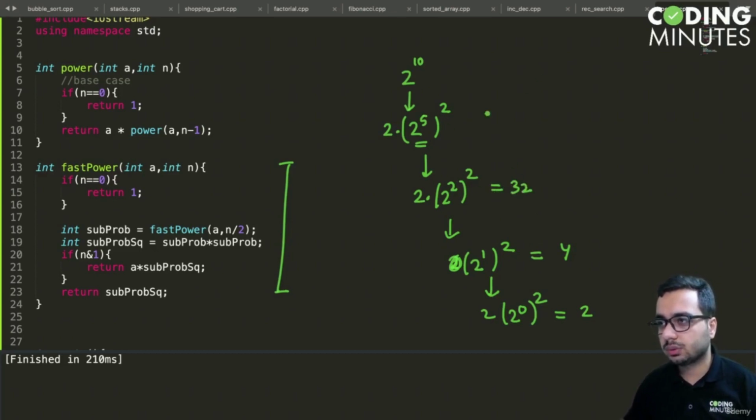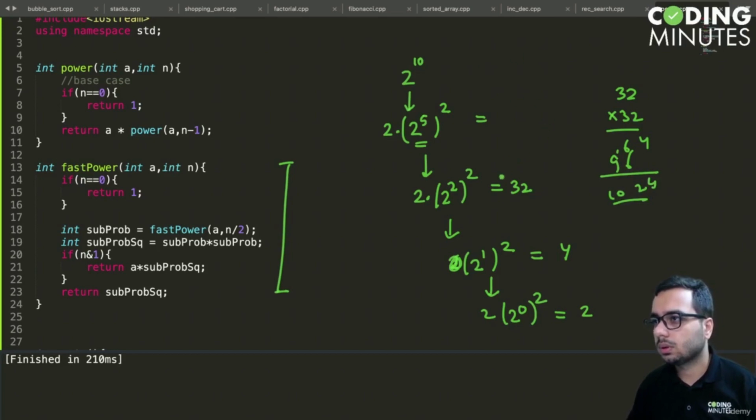And 32 square, so this should be 16, and 16 square is 256, into 2 is 512.